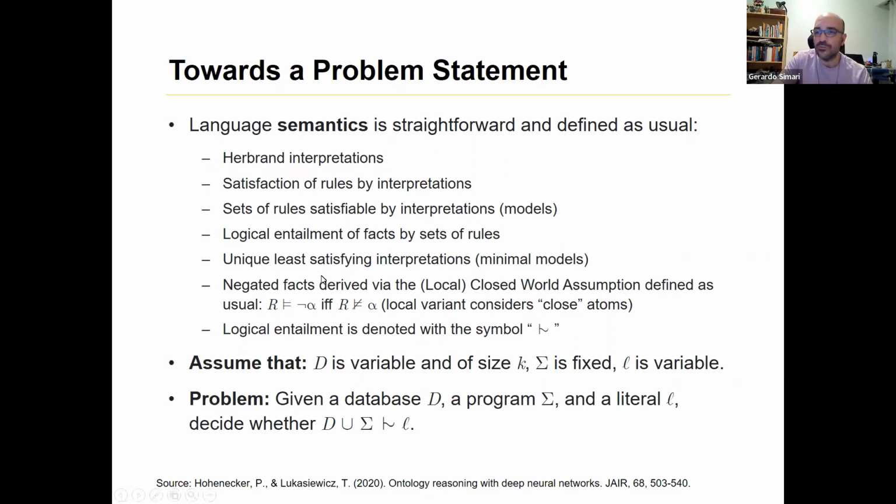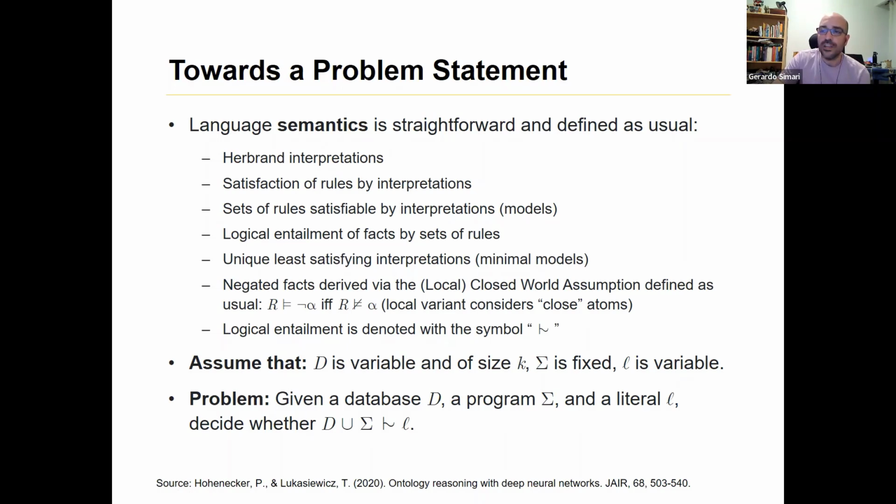But for those of you who haven't heard of the closed world assumption, it's simply saying that if I cannot model a fact, then I will conclude its negation. So if I don't know about something, if I can't prove something, then I will prove that its negation holds.